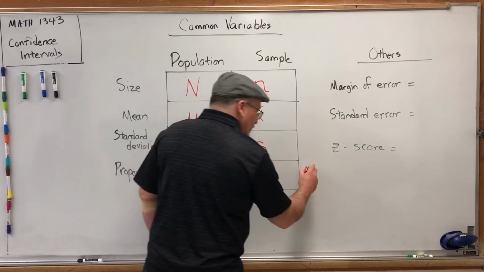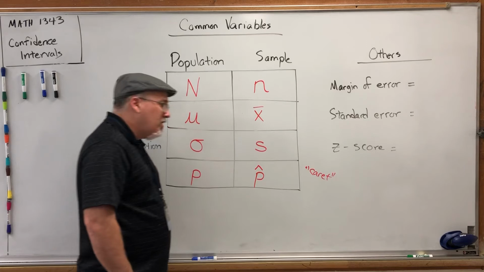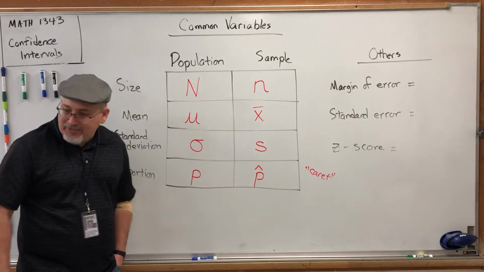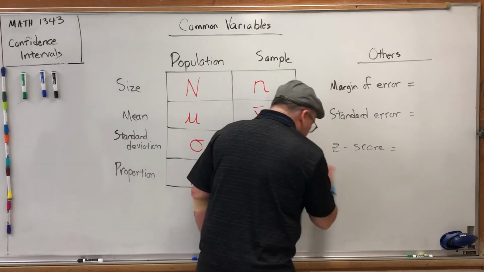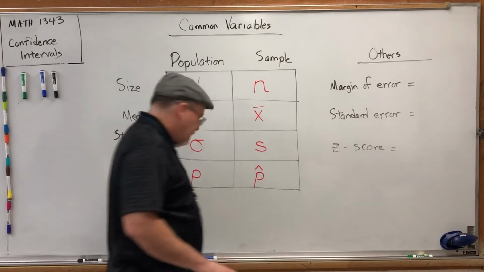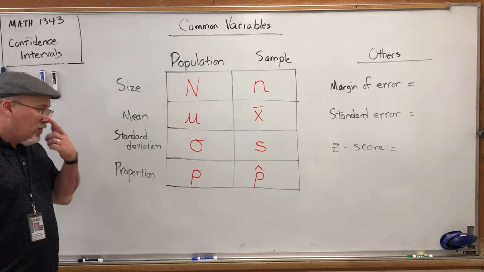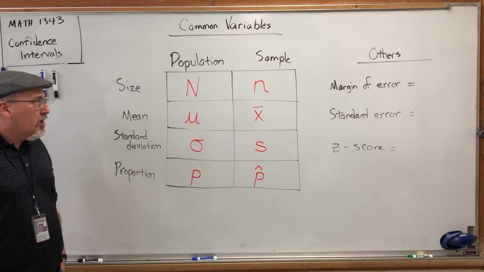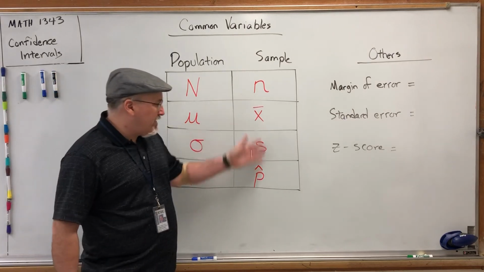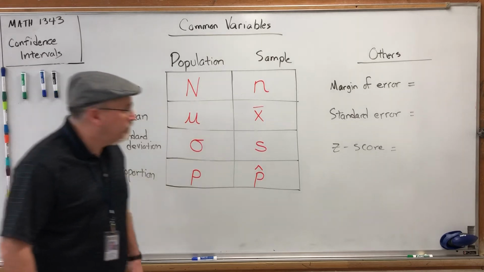Technically, this symbol is called a caret symbol, C-A-R-E-T, but in statistical circles, it's always just called a hat. All right, and again, we need variables for population versus sample for when we're doing inferential statistics and hypothesis testing, when we're using information from a sample to try to make some sort of inference about a population.